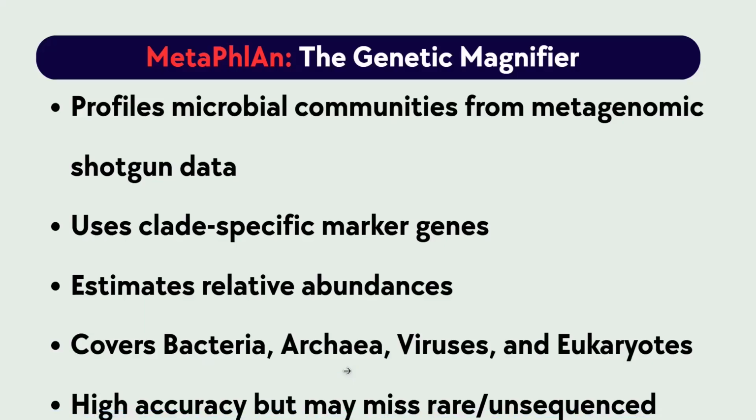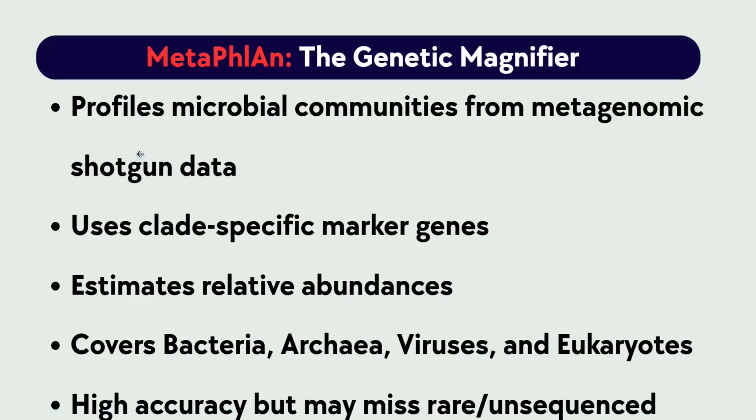It offers species level and sometimes even strain level resolution and covers all these domains. The last point mentioned is that MetaPhlAn is of high accuracy, but the negative point is that it may miss rare or unsequenced organisms.